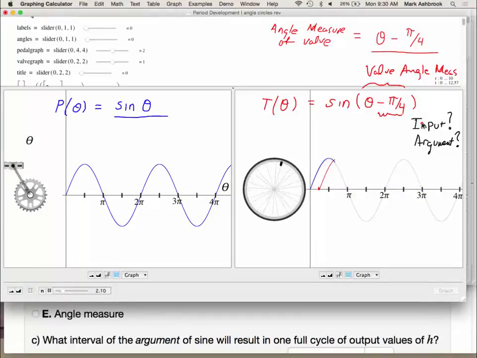Why does it move to the right? Because moving to the right means that cycle is starting and transpiring later than the original theta cycle. So that's what we're trying to see there. It should make sense. It shouldn't be counterintuitive that when you subtract, the graph moves right. It's all because that angle cycle is later, coming after.